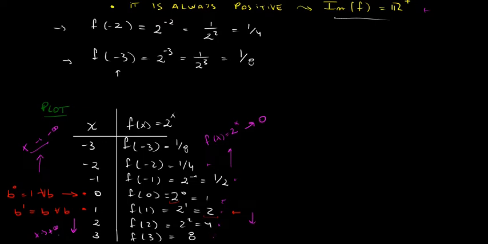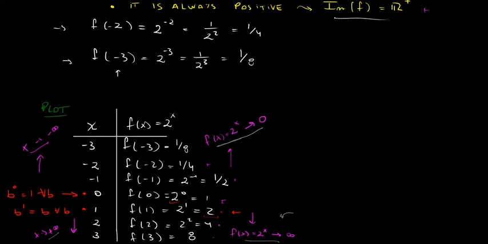So when x goes to plus infinity, f of x, or 2 to the x, is also going to infinity. So here it seems like this is an asymptote, and we're going to see this better when we plot the function. But this one is not an asymptote because when we go to infinity with x, we go to infinity with our function.